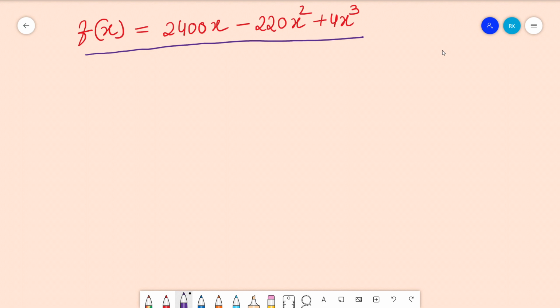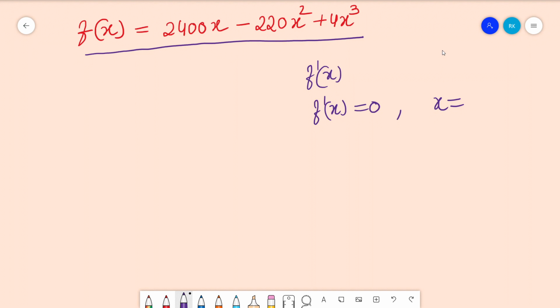Firstly, we have to differentiate the function with respect to x. That is, we have to find f dash x. On equating f dash x with 0, we get the value of x. In the question, it was asked to find the value of x for which the volume is greatest.